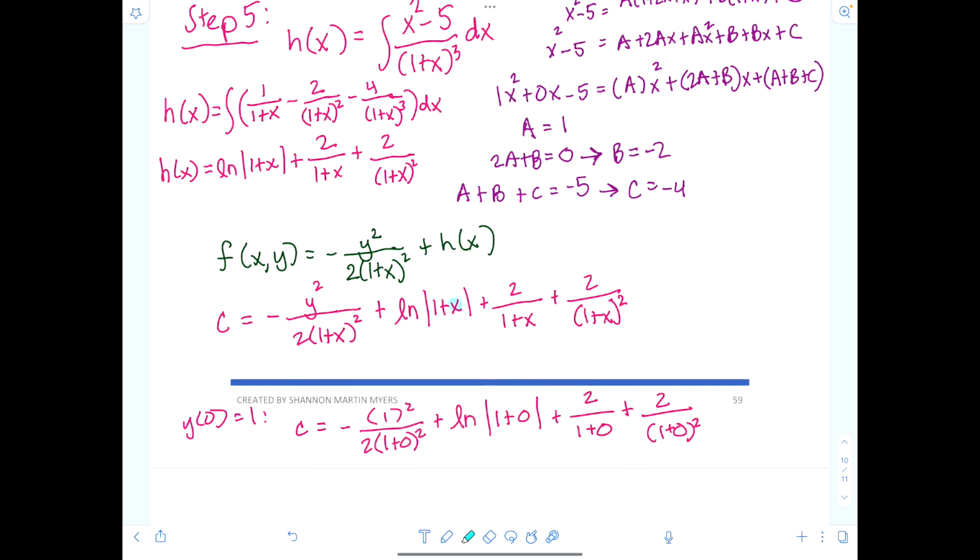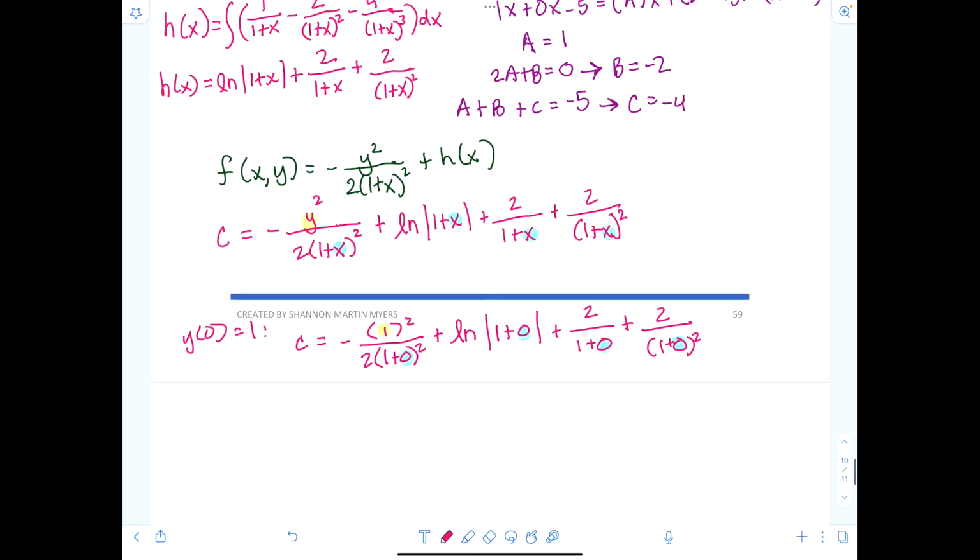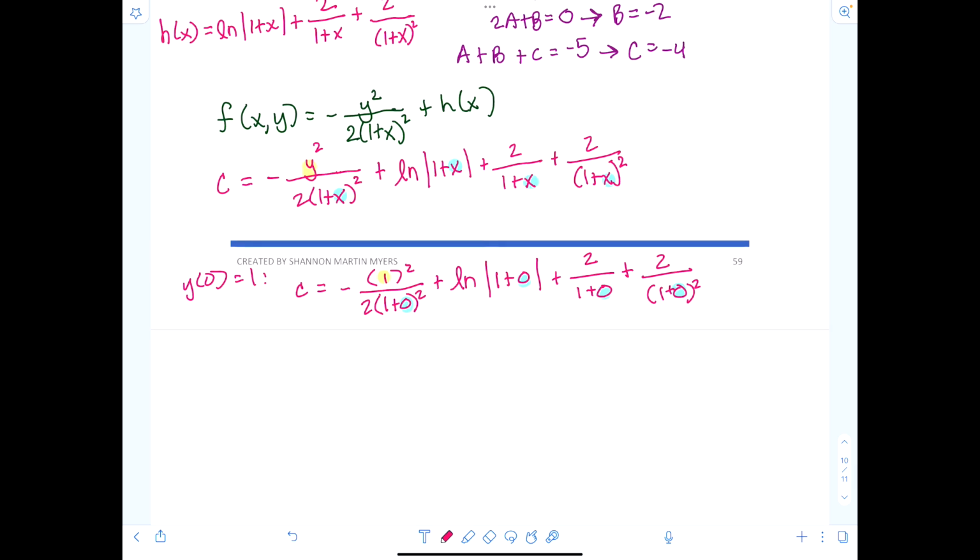I'm plugging in 0 wherever I see an x, and wherever I see a y, I'm plugging in a 1. So this simplifies quite a bit. C equals negative 1/2. Natural log of 1 is 0. Plus 2 plus 2. So C will be 7/2.